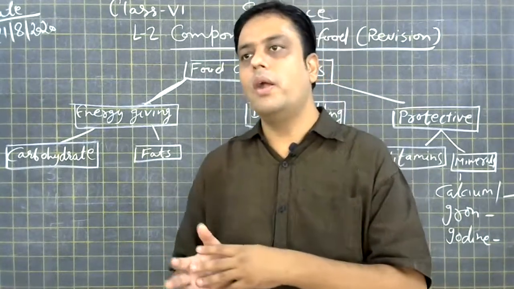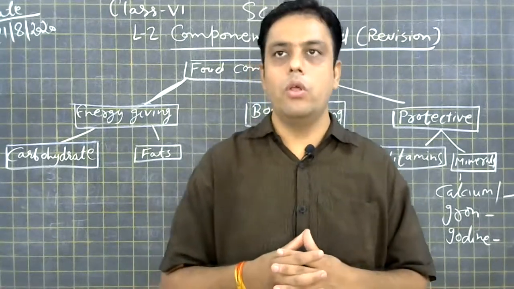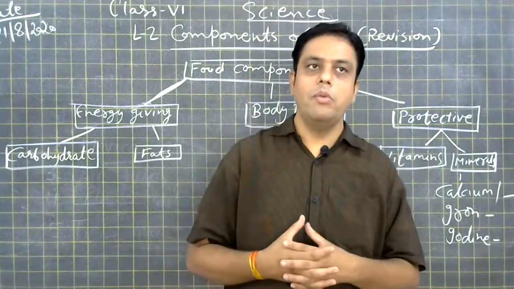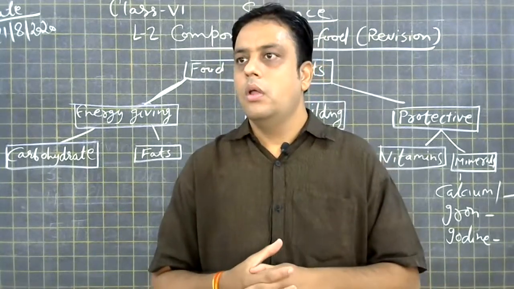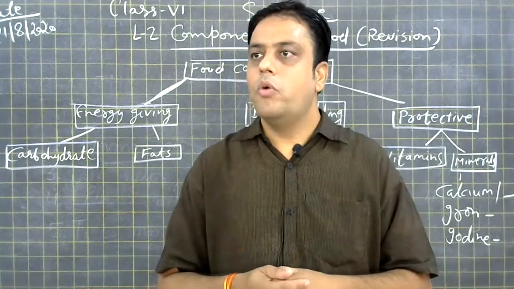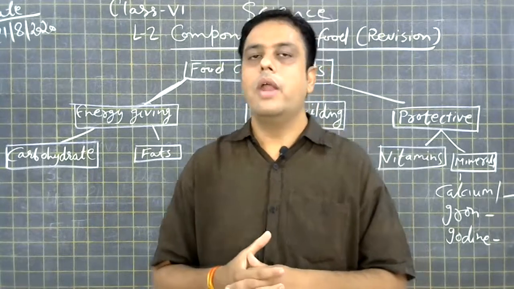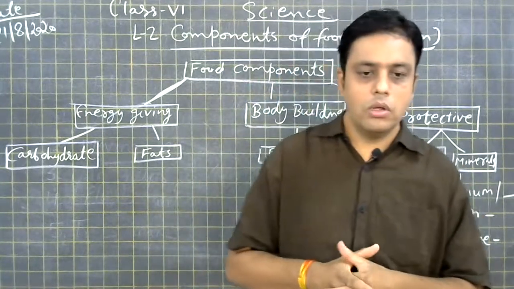If there is no water in our food items, it is very difficult to digest the food. Our acids will take more time if there is no water in our food. Transporting, and it regulates our body temperature. Nitisha Sankar is writing, very good. Water regulates our body temperature, very good.